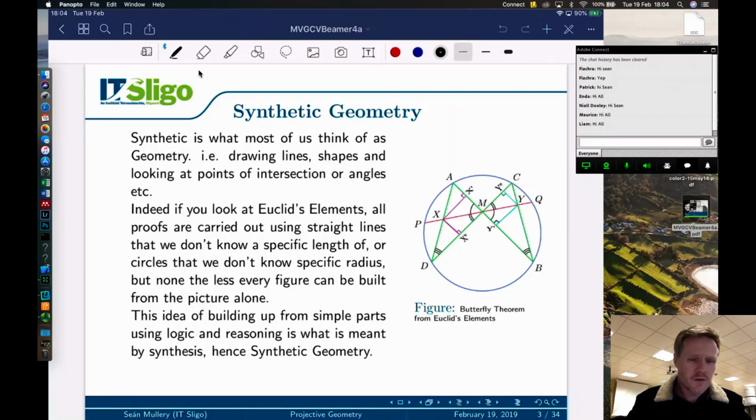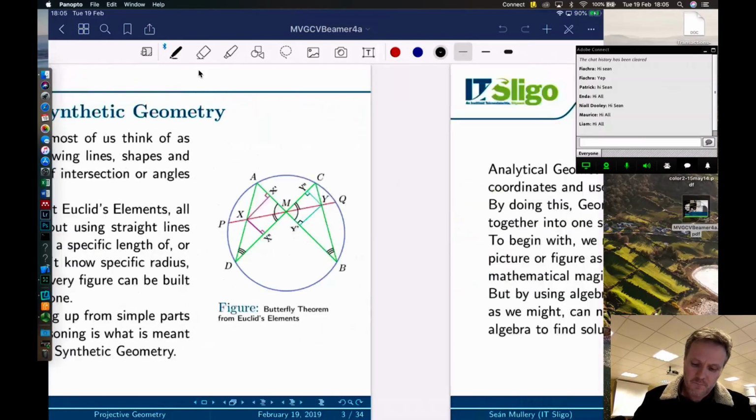For example, when they find something in nature that's useful as a drug, they break it down, find out what the constituent parts are, what the parts are that are useful in treating some health problem, and then they can try and synthesize that in much larger amounts from those simple constituent parts. So that's what we mean by synthesis or synthetic geometry.